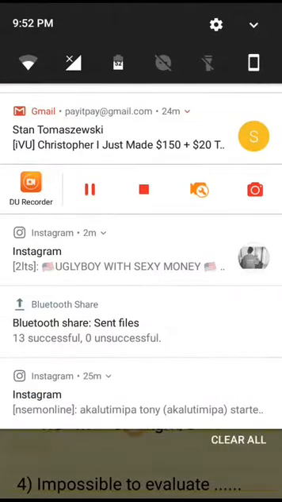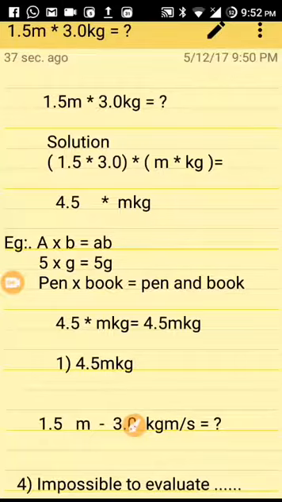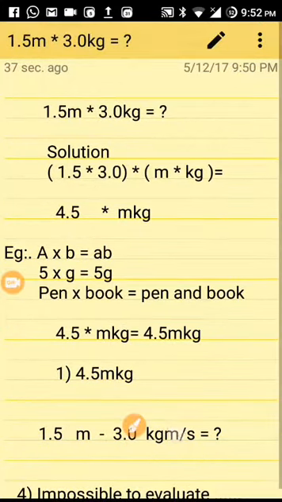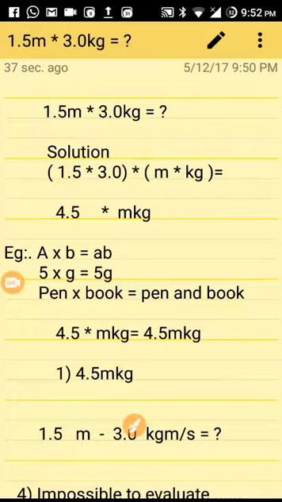With this one, we don't do much of the work. All we do is put them together. So from 4.5 times the m kg, we get 4.5 mkg.